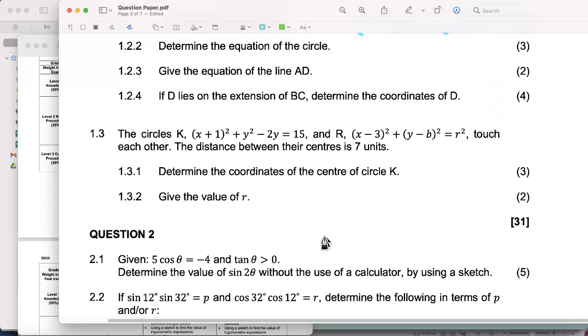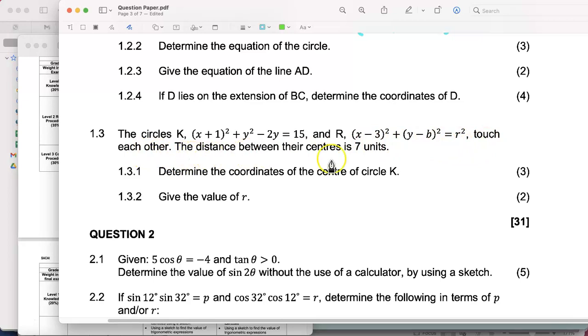And finally, a circle. They give you a circle, and here we can see the circle is not in standard form. What must I be able to do when a circle is not in standard form? Get it into standard form. I must know how to do that. Given that, and R, a different circle, they touch each other.